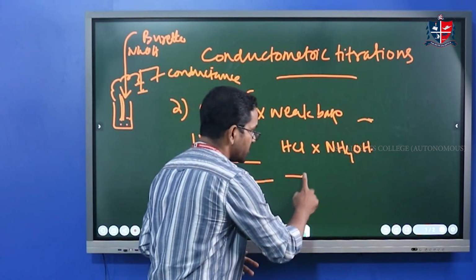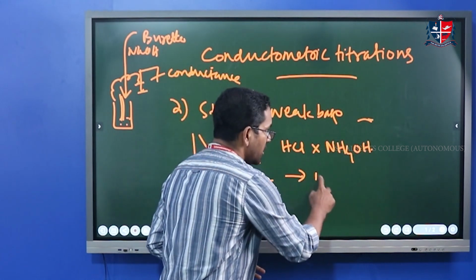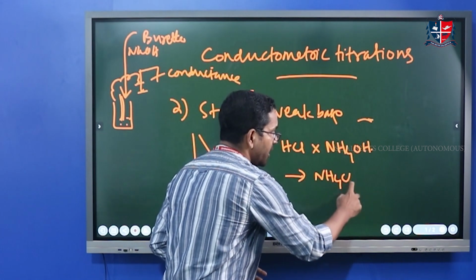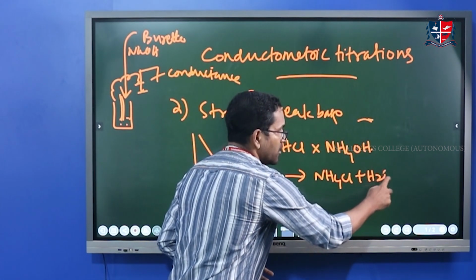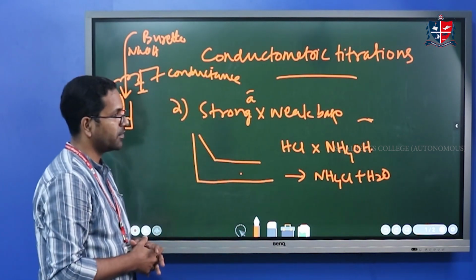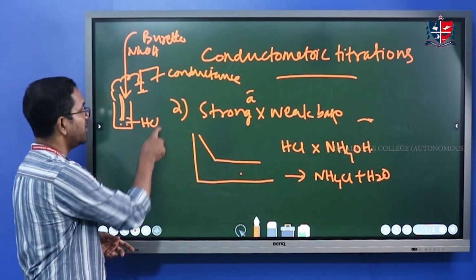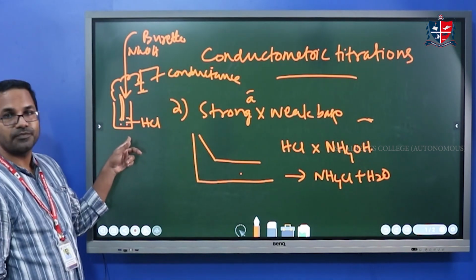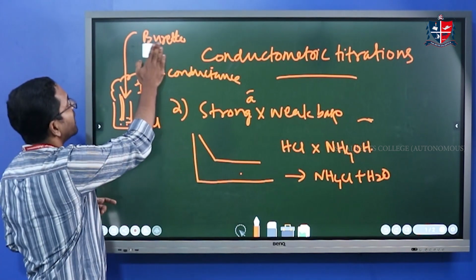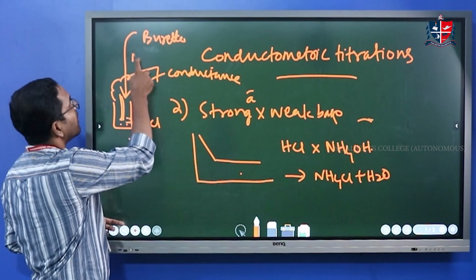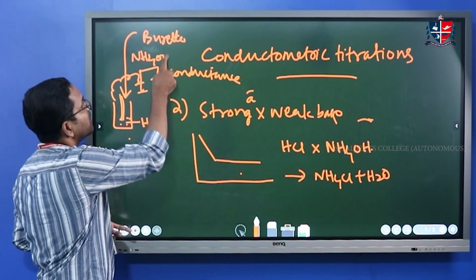So what will be the reaction? The reaction will give ammonium chloride plus water. Initially we are taking HCl in the beaker, and instead of NaOH we are adding ammonium hydroxide into this beaker.